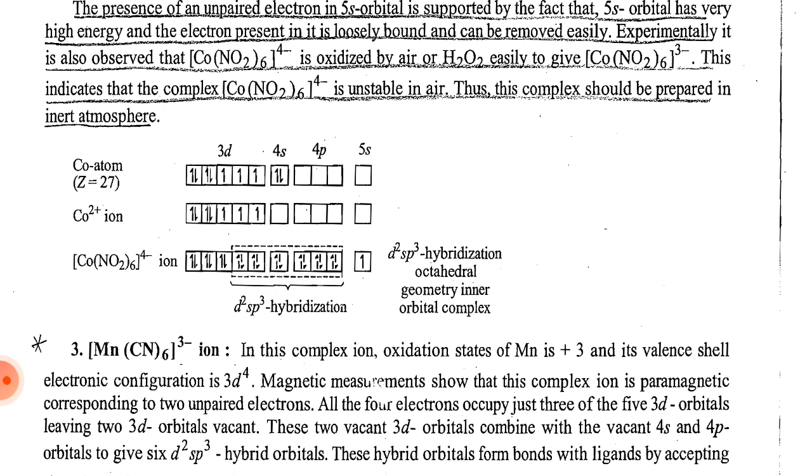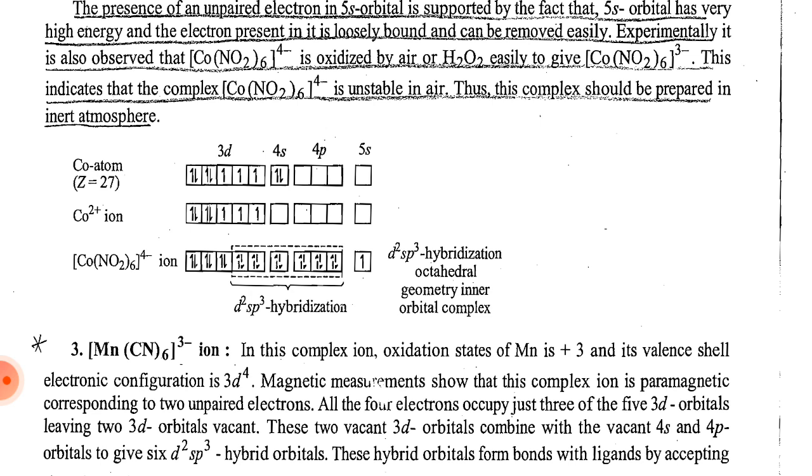Cobalt atom, atomic number is 27, 3d7, 4s2, 4p is empty, 5s is also empty. After losing 2 electrons, cobalt atom is changed into the Co2+ ion. So, in 3d, 7 electrons will be present, 4s will be empty, 4p and 5s obviously will be empty.